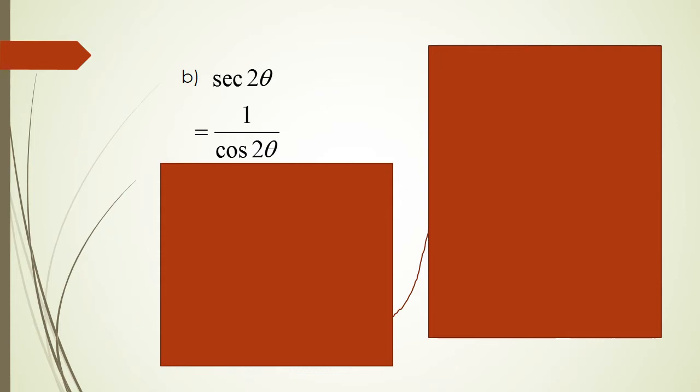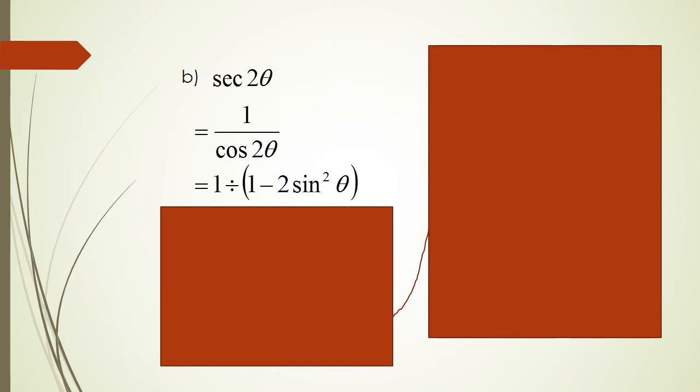Next question is a reciprocal trig, secant. So what is it the reciprocal of? It's the reciprocal of cos 2 theta. Now there are 3 different formulas. I'm going to use the one that uses sine theta because that was the ratio we were originally given. So the formula is 1 minus 2 sine squared theta, and that means that the sine theta has to be squared.